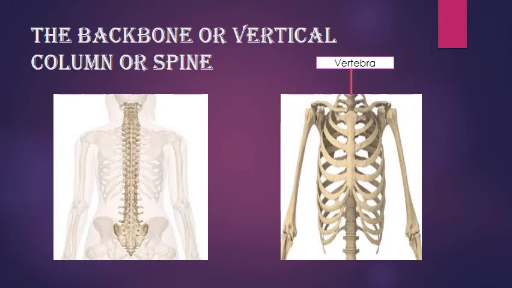This is done to eliminate painful motion or to restore stability to the spine. So again, we have a total of 33 small irregular bones in our spine, but some are fused, that's why we count them as 26.